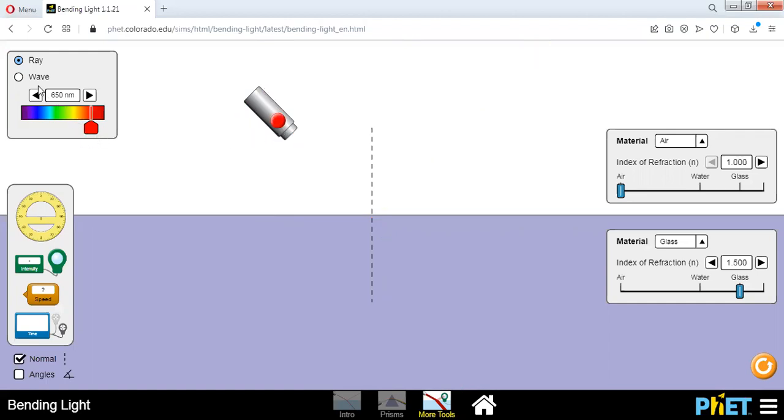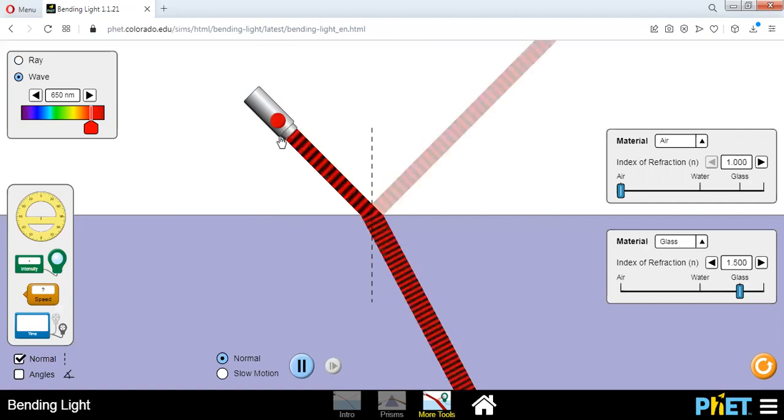If you want, you can also change the ray form into waveform using this option button. And then you can observe the waves in the waveform with wave fronts. These red lines represent wave fronts of a wave.